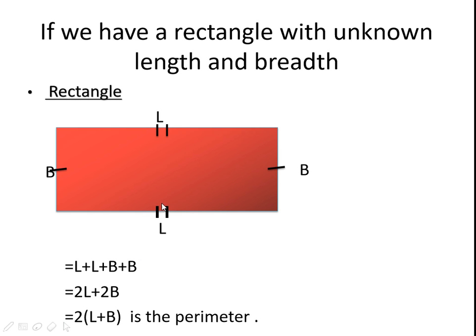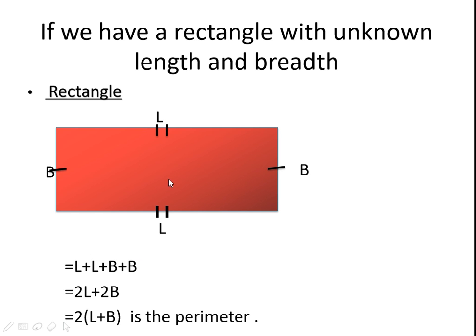What is different here? They both are of different measure. Length is longer than breadth. So we cannot suppose the same alphabet for all of them because they all are of different measures. So I have supposed this as L and this as B. There are two lengths and two breadths.